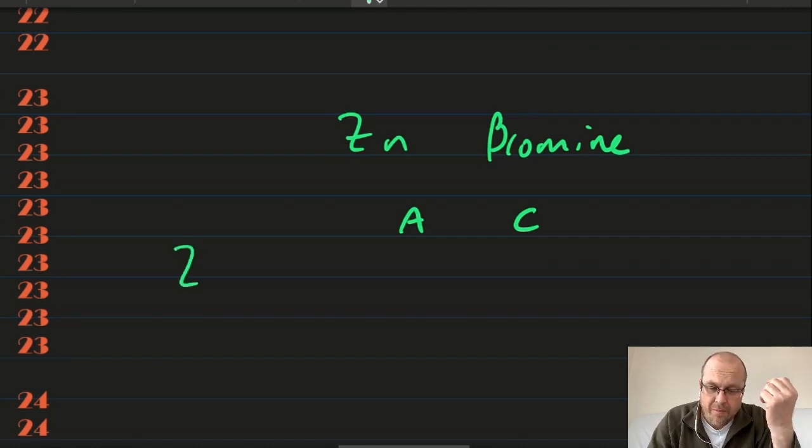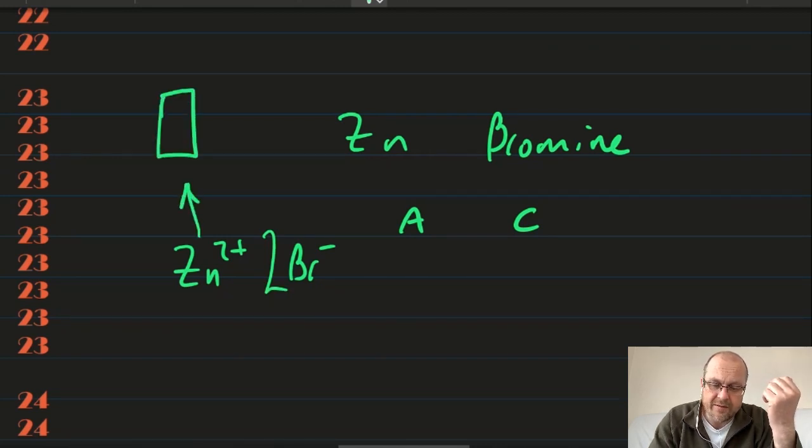Well, if it's zinc bromide, I'm going to have zinc 2+ ions, and I'm going to have bromide ions, 2 of those. So the zinc 2+ ion is going to go to the negative electrode, isn't it? By electrostatic attraction. So zinc goes to the negative electrode, so it's 23A.